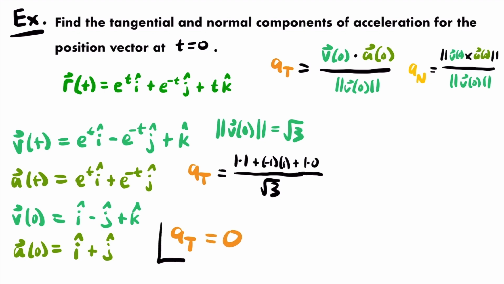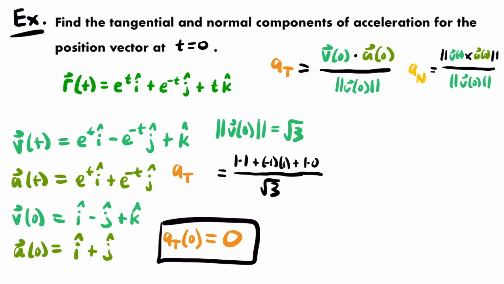There is no tangential acceleration at t equals 0 for this position vector. All right, and if you wanted to signify that this is at t equals 0, you could write it like this, a sub t of 0. It might be more appropriate to write it that way in this case. So I'll do that here.